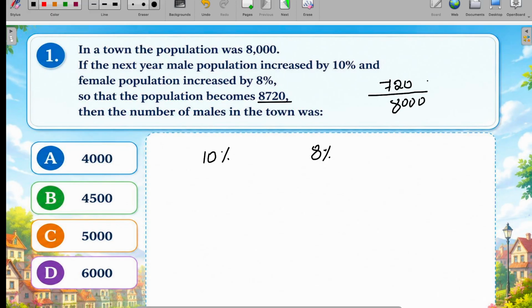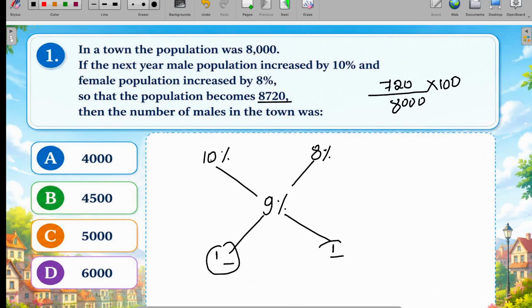For males and females overall, it is a 9 percent increase. In the allegation approach, you take the big number minus the small number. This is the percentage change, and you get the quantity, how many males and how many females. So 10 minus 9 is 1, and 9 minus 8 is 1. Then males are 1x, females are 1x, total 2x. 2x is equal to 8,000, then x is 4,000, so males are 4,000 and females are 4,000.